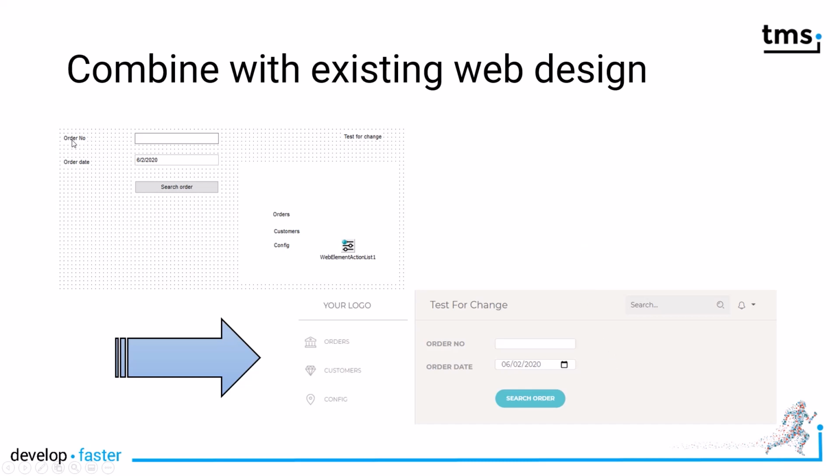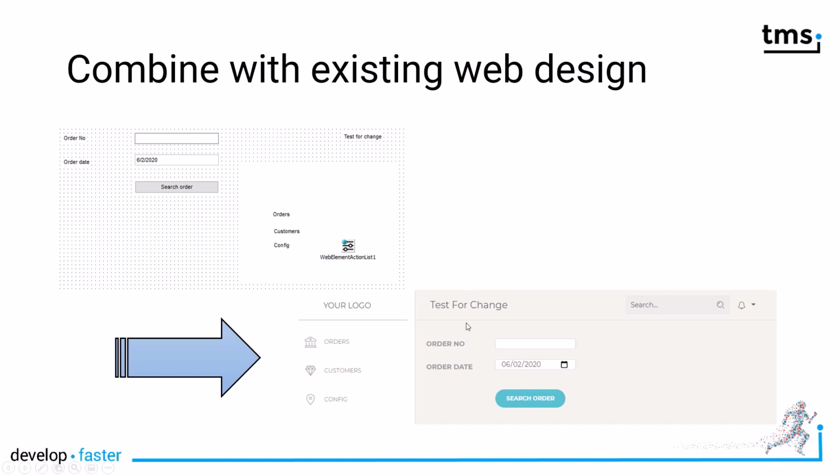On the left, you see the order number, order date with the two edit fields, and these have been linked to HTML design, which is provided by the web designer. You only need to communicate the tags to identify the different parts of the form. Otherwise, the design can be done by a completely different team than the application development.